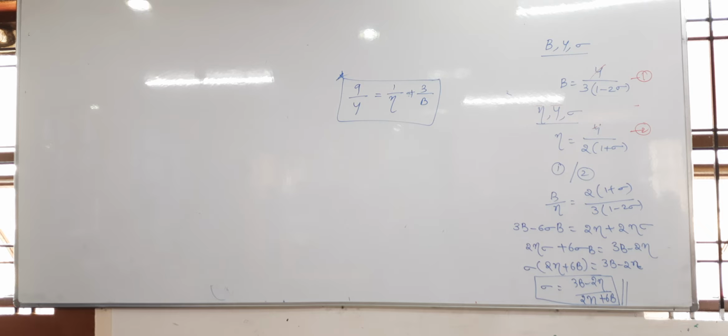A material having Poisson's ratio 0.2, a load is applied on it, due to which it suffers the longitudinal strain 3 into 10 power minus 3.